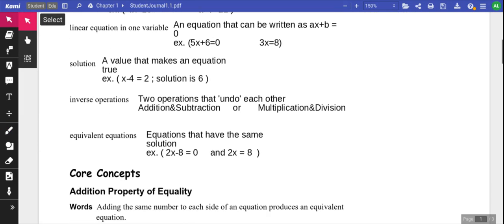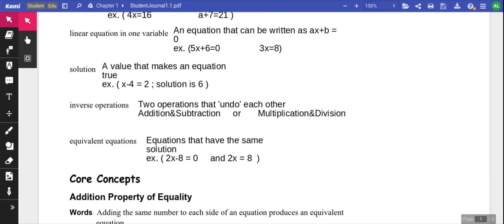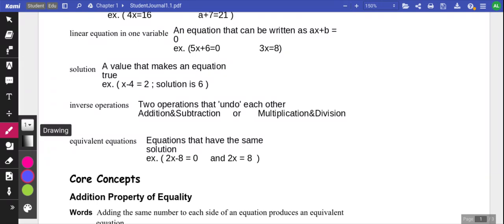I've got a couple more terms. Again, if you want to pause so you can get all this vocab. All right, so we've got a linear equation in one variable. That means we can write the equation in this format. Sorry, my zero went all over here. You can write it like this, with just an x term and a constant term set equal to 0.